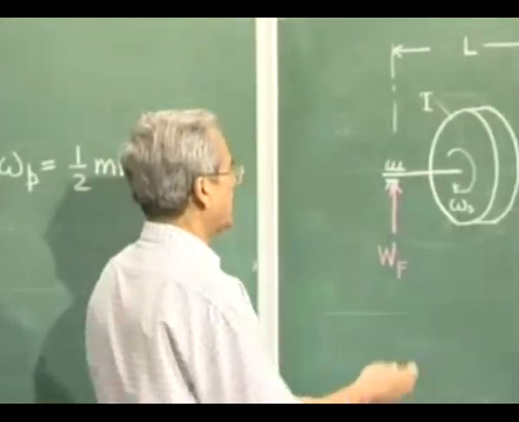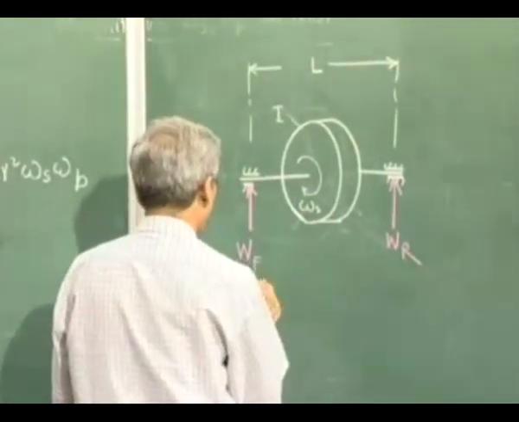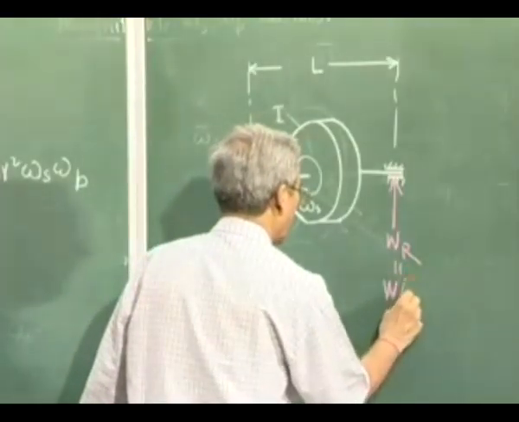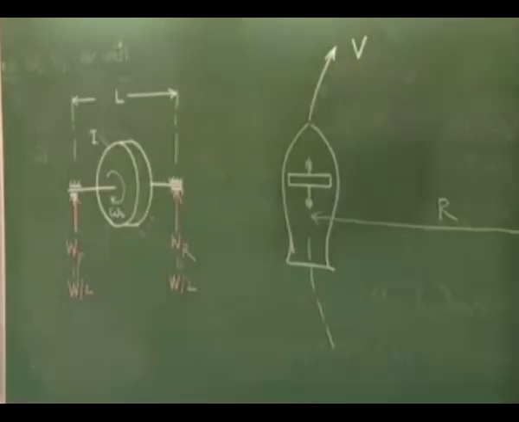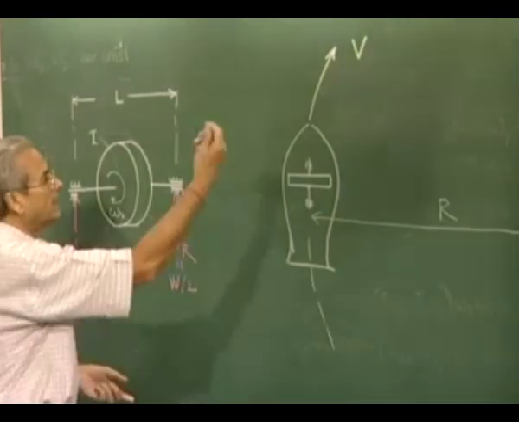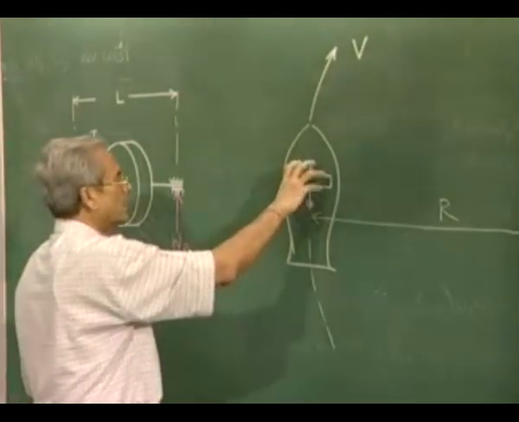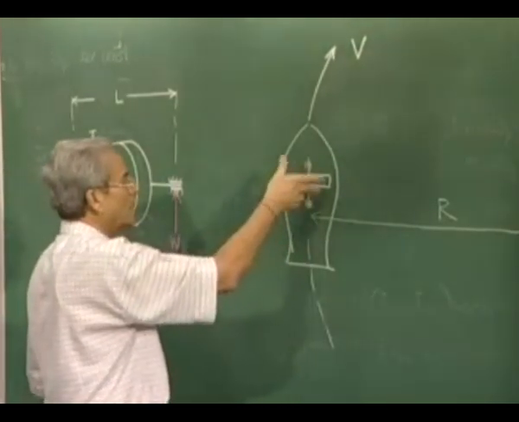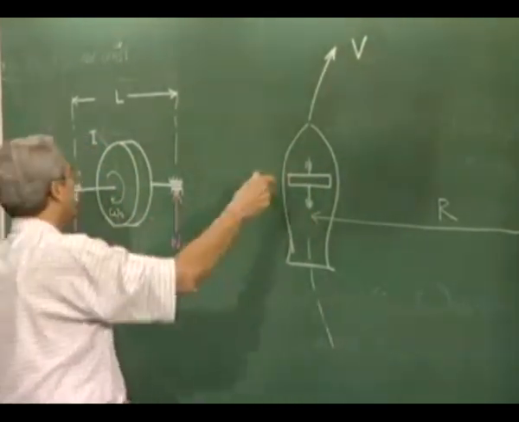If it is exactly at the center, then this is going to be total weight by 2. This will be also total weight by 2. Now since it is taking a turn like this, the whole axis of this rotational axis of the rigid rotor is taking a turn in this direction.